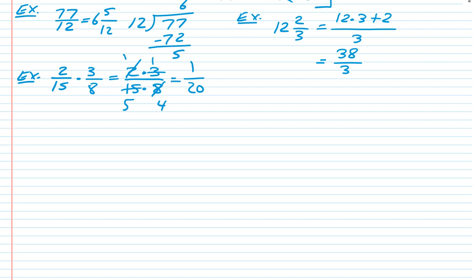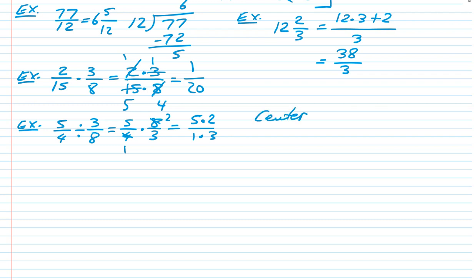Let's do a division. And so in our division, suppose I have 5/4, and I'm dividing this one by now 3/8. So what I can do is 5/4 times, invert and multiply, we get 8/3, right? And there we have, we can cross those, multiply the tops, multiply the bottoms. Now when you multiply two numbers, by the way, be careful please. I put this what we call a center dot. Center dot. That represents the multiplication.